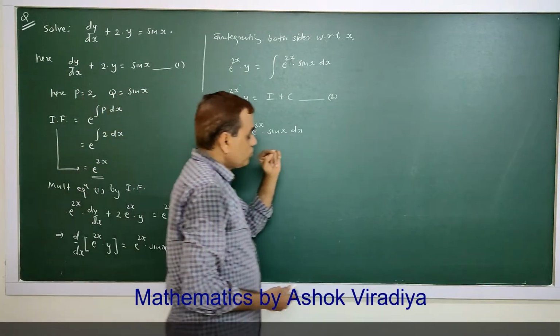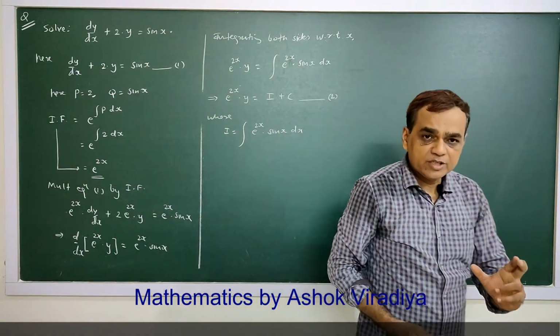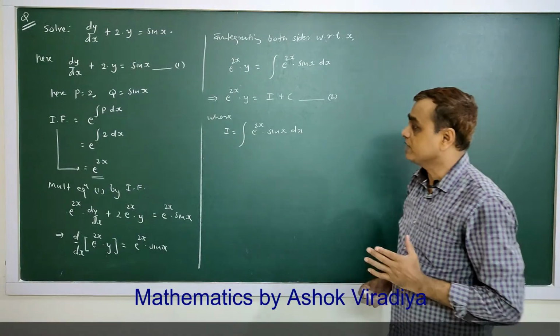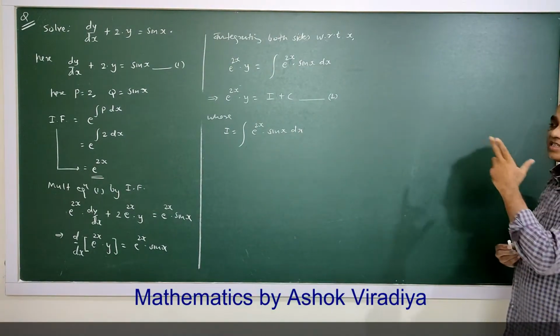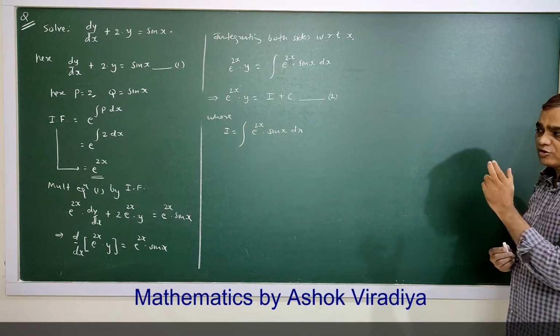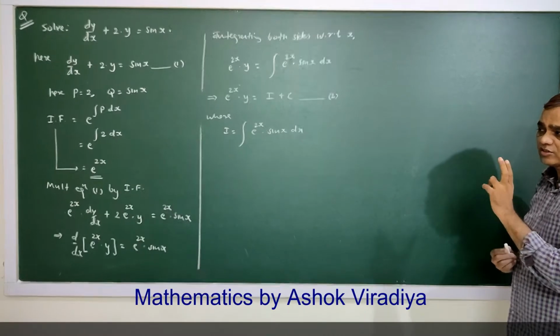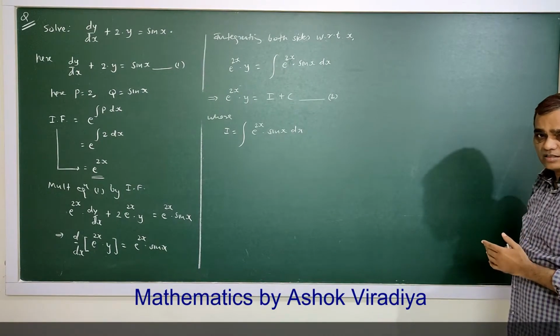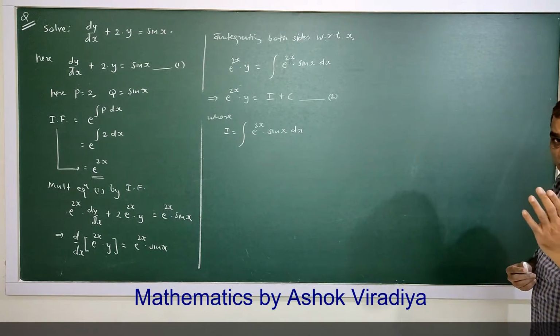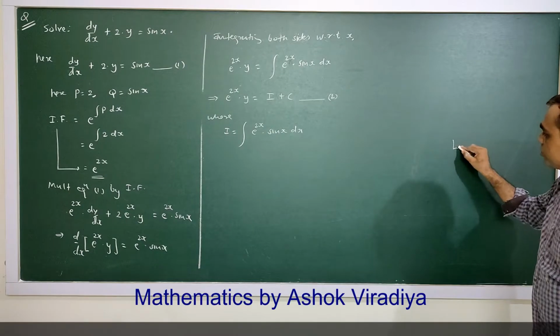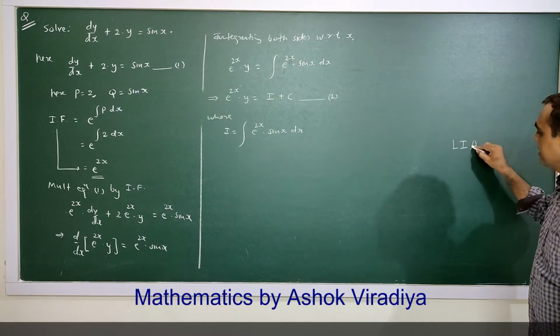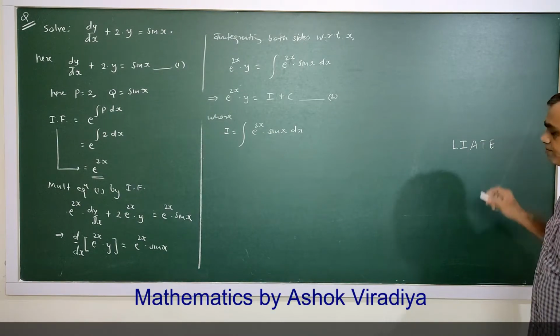Now to integrate this function, we apply u into v. So for e raised to 2x and sin x, which function should we take as u, and which as v? To choose u and v in proper order, we use this trick, LIATE.